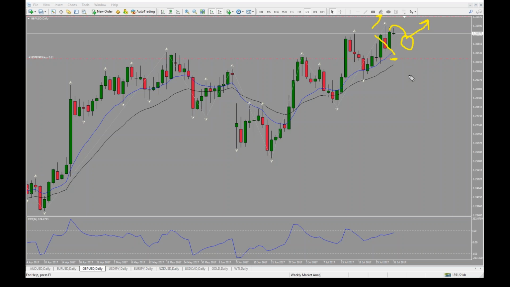I've made target 1 on half of my trade, and since I was trading about 250, I've made 125 on this so far. Okay, and that could be all, or it could be more. All right, so GBPUSD this week we're in a trade, so we'll just carry on with that.